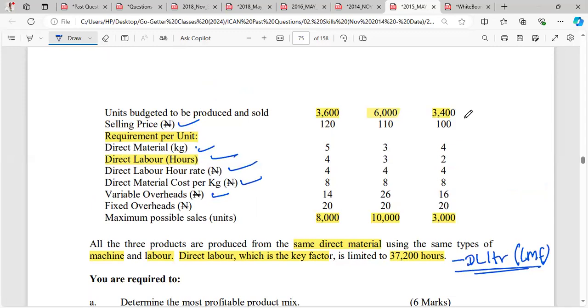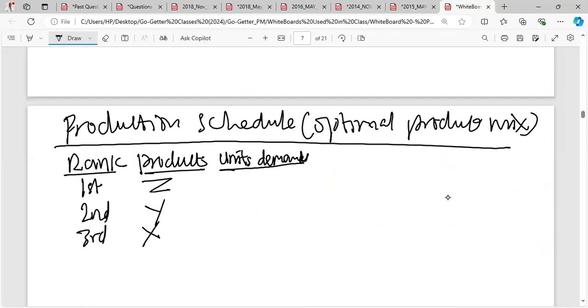Okay, so 3,400, 6,000, and 3,600. 3,400, 6,000, 3,600. But note that you are not sure of these figures.